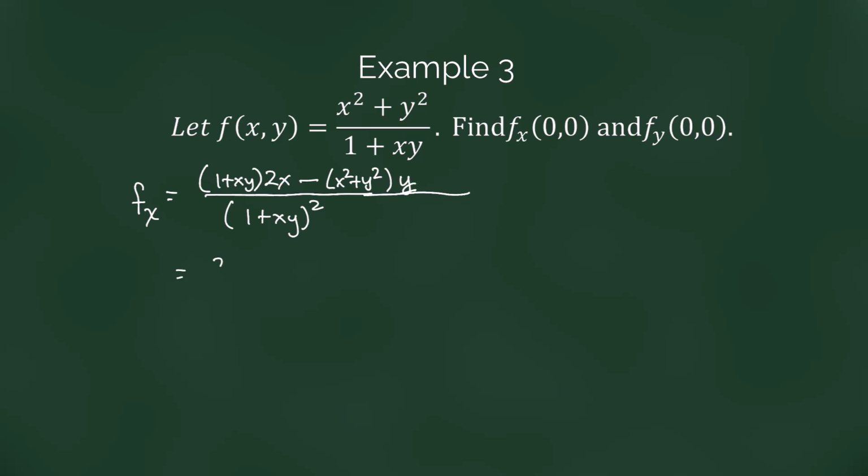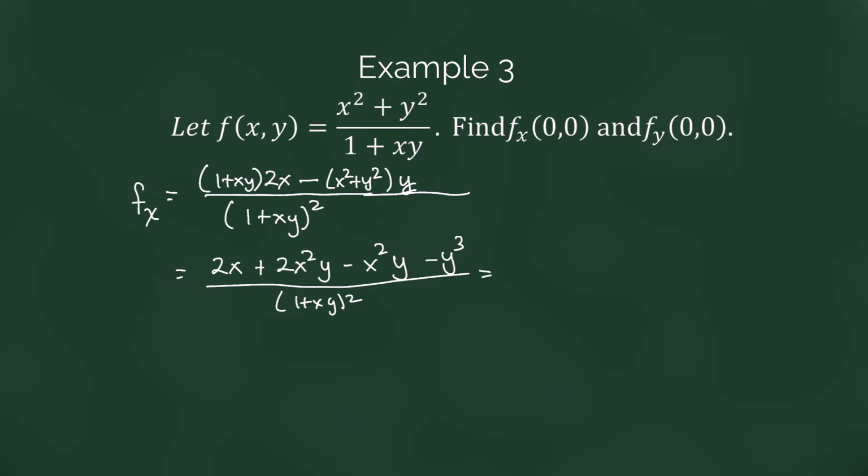We can expand that out. We get 2x plus 2x squared y minus x squared y minus y cubed all over 1 plus xy squared.